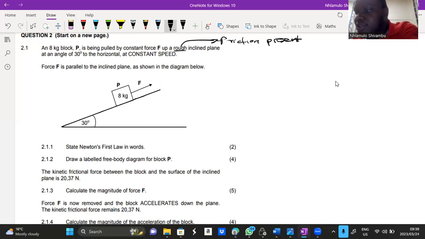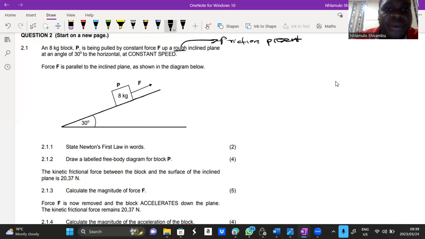The examiner does not have to tell you directly that on the surface you are dealing with there is friction. The examiner can use words like rough, right? And if the examiner says that the surface is smooth, they're saying that the surface is frictionless.